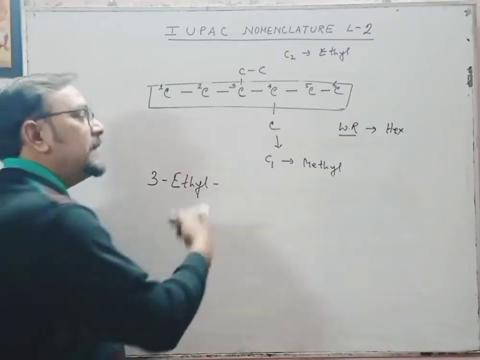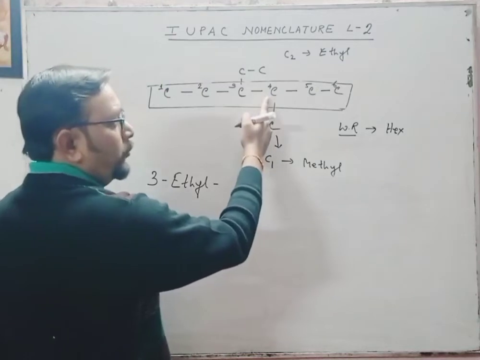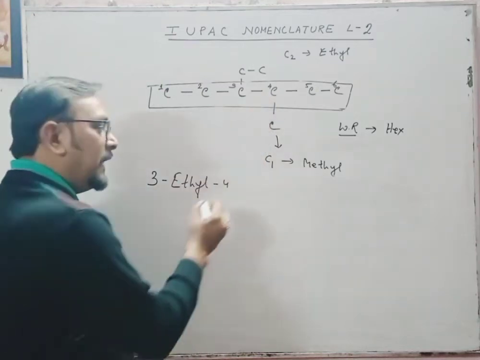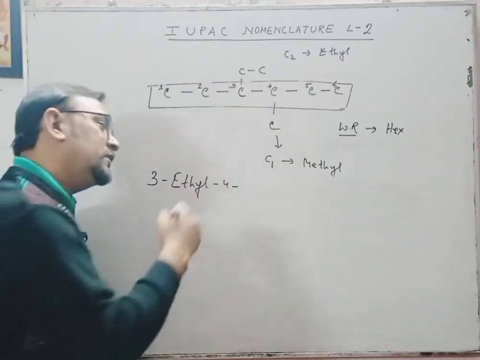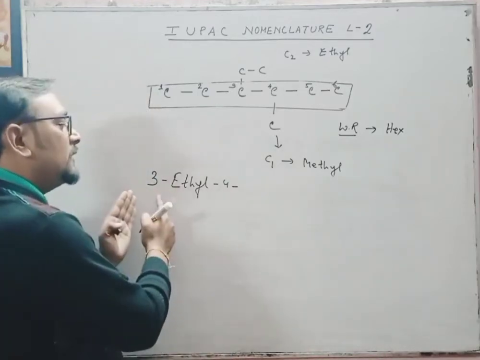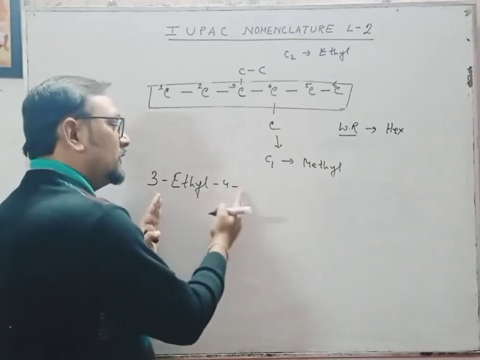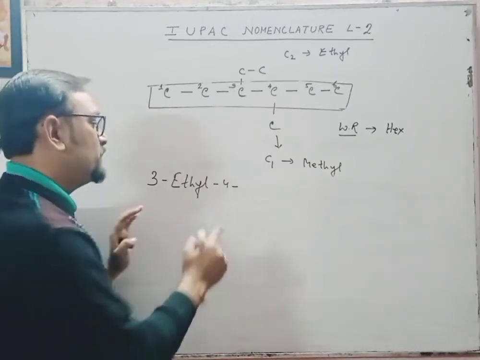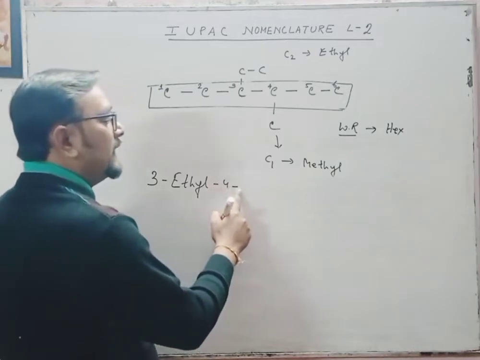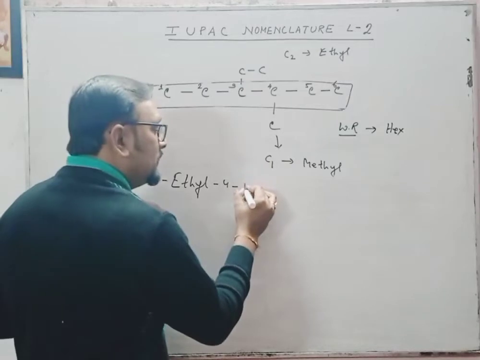Another hyphen I will give. Why? Because again I am going to write some number, 4. Another hyphen I will give. Why? Because again I am going to write some alphabet. So whenever you write a number and an alphabet, always separate it with the help of a hyphen. So hyphen 4 again. Now at 4 what is the substituent we have?